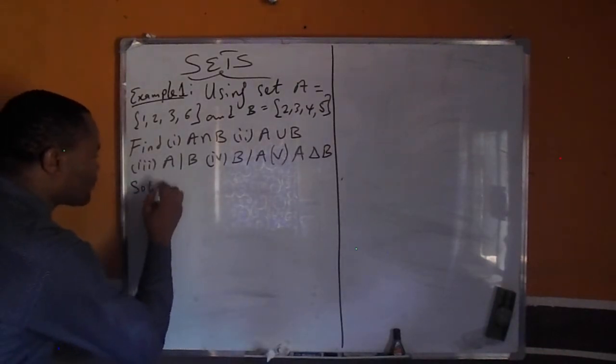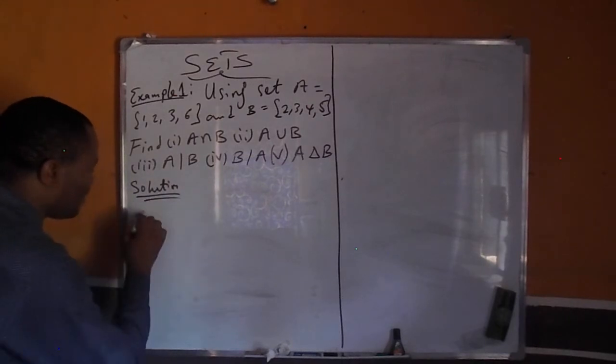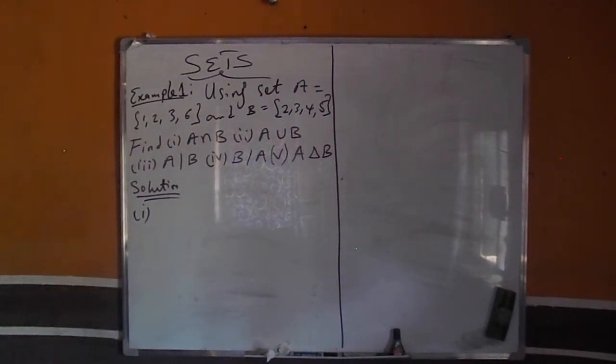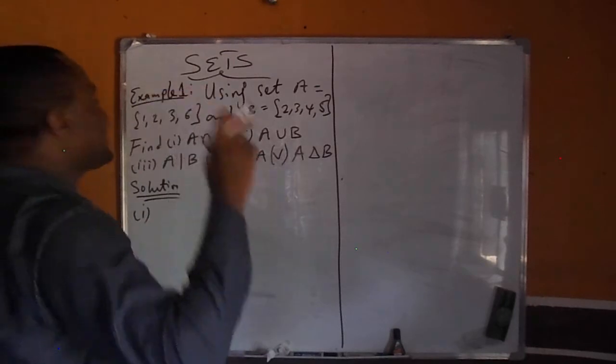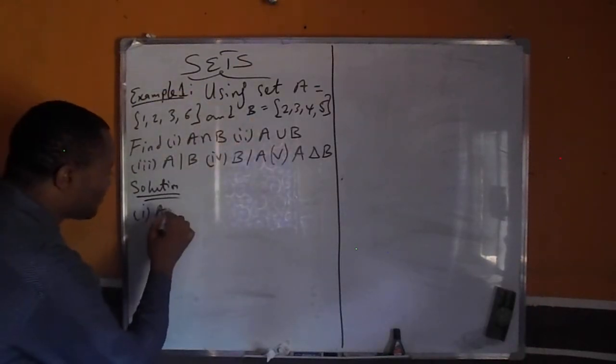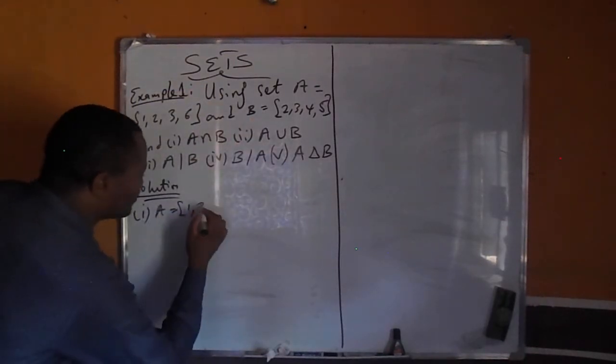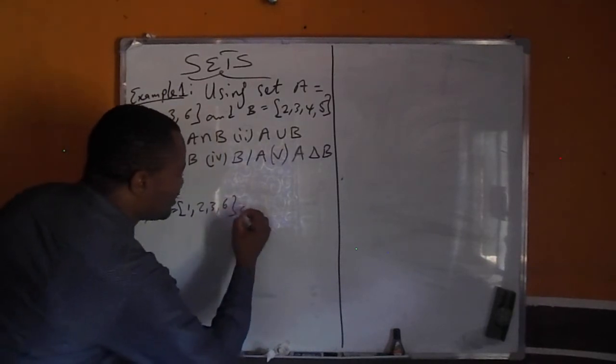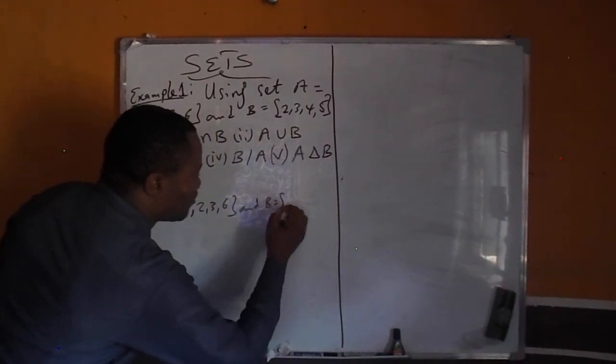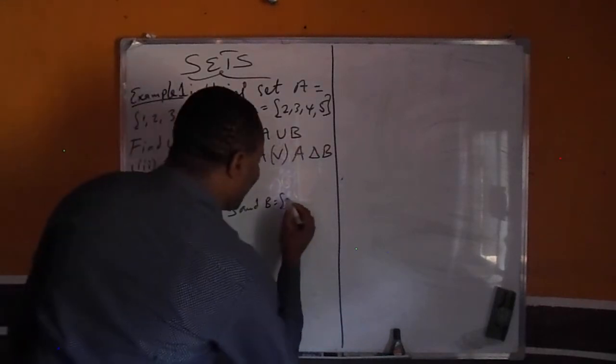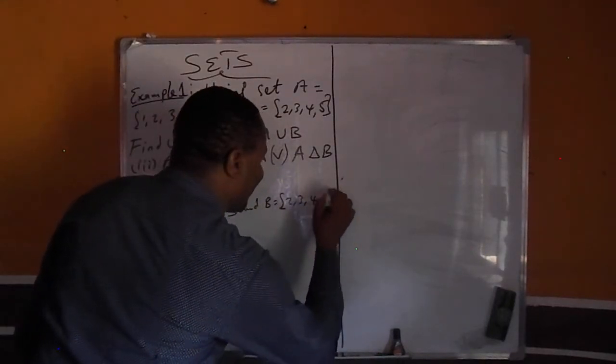Solution. Roman figure 1 says that using set A equals 1, 2, 3 and 6, and B equals 2, 3, 4, 5.